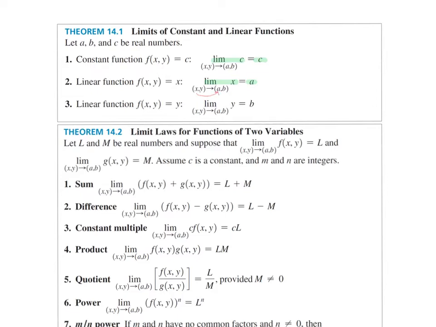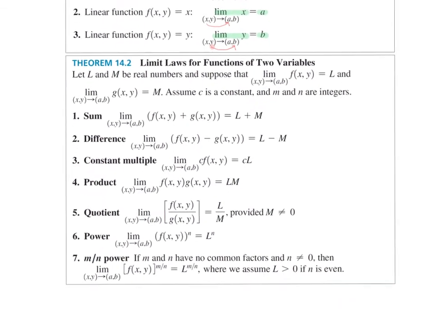The y value doesn't matter here because y is not in the limit function. But in 3, notice that our function is just y, so in that case it's going to be equal to our b value. So that would be as y approaches b.